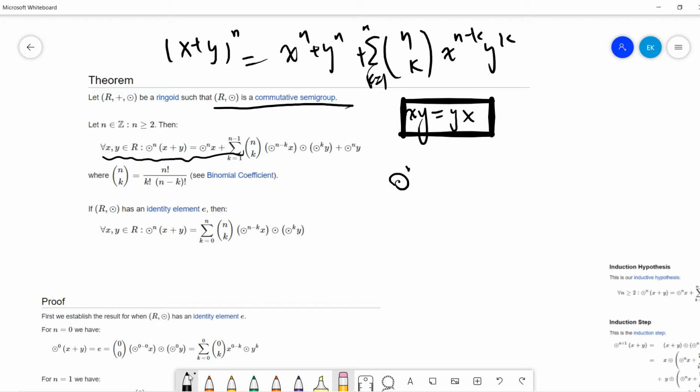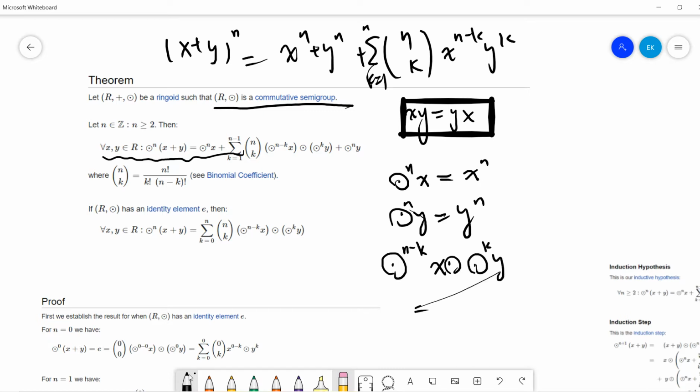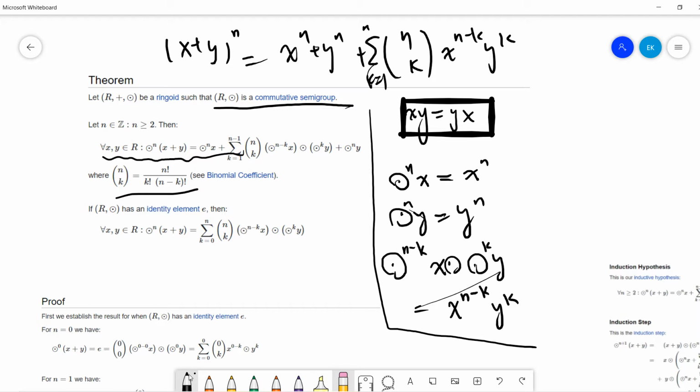So dot n x is basically x to the n, dot n y is just y^n, and dot (n minus k), for example x dot k y, is just x^(n minus k) y^k. This is just the notation, and this is the binomial coefficient.